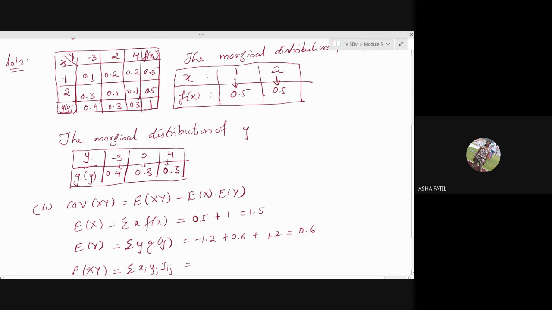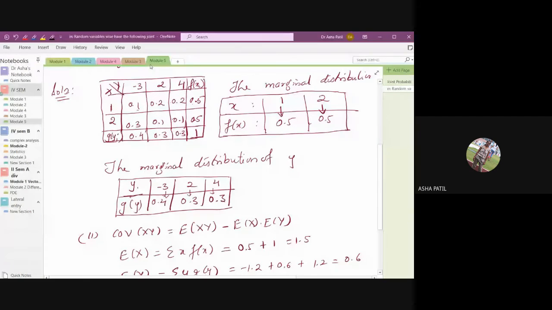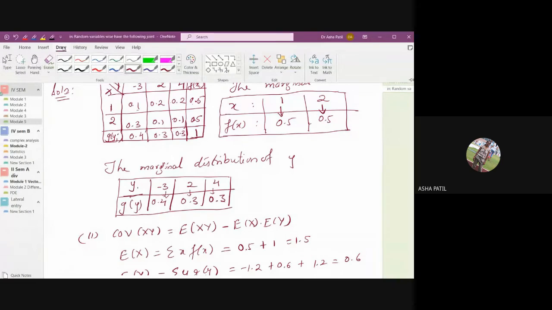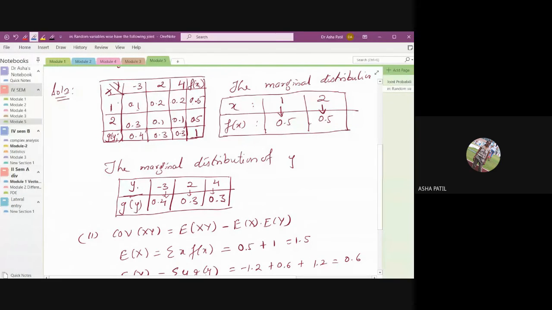So it is summation of xi, whatever values you are having. xi means this value you will be taking, the corresponding value of x.